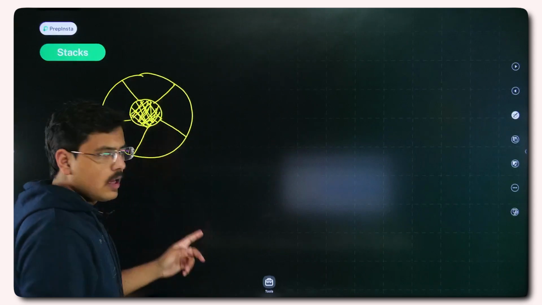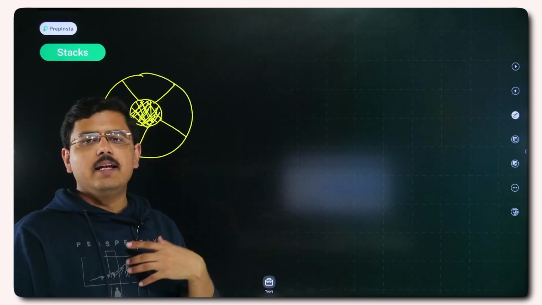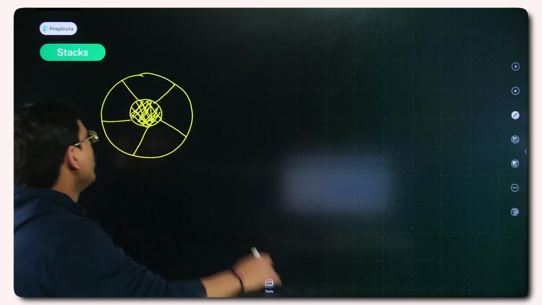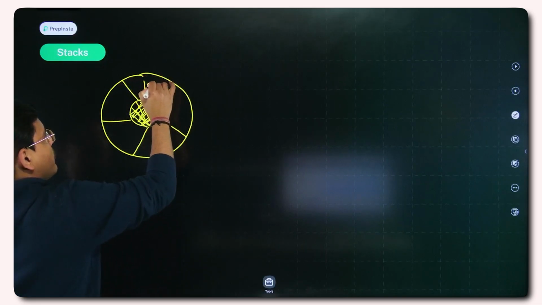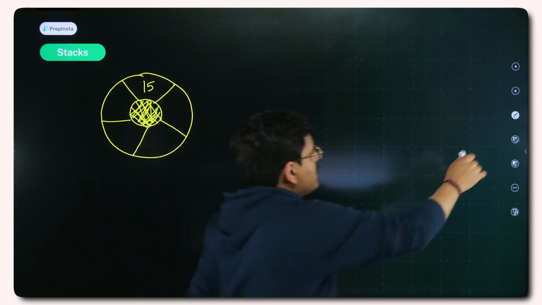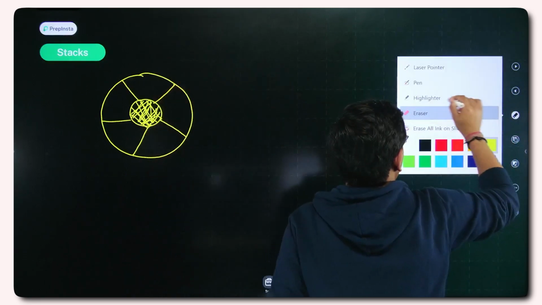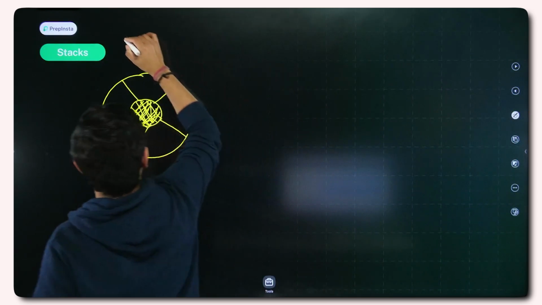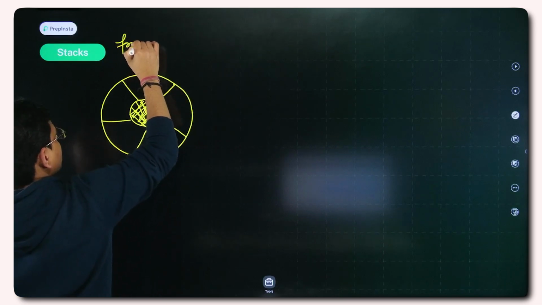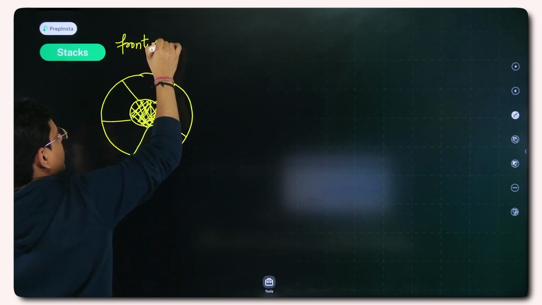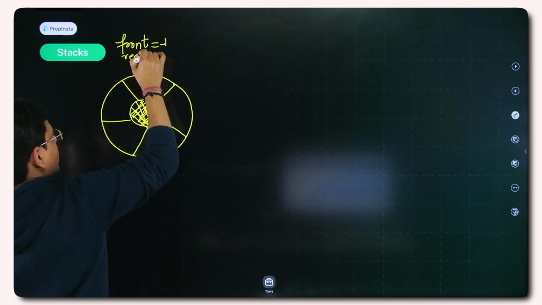Now, either you keep some spice, I'll keep some numbers here. First of all, let's imagine this is absolutely empty. In that case, you know we had two pointers, front and rear. So in this case, front is equal to -1 and rear is equal to -1.